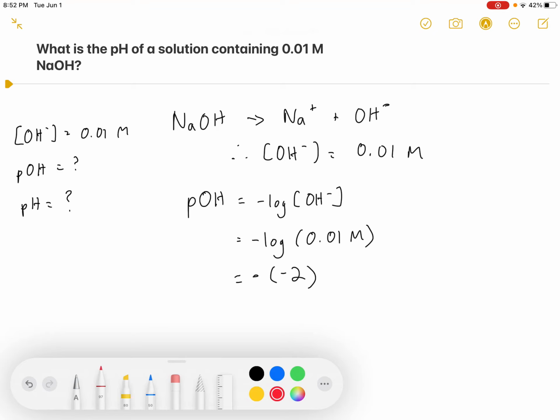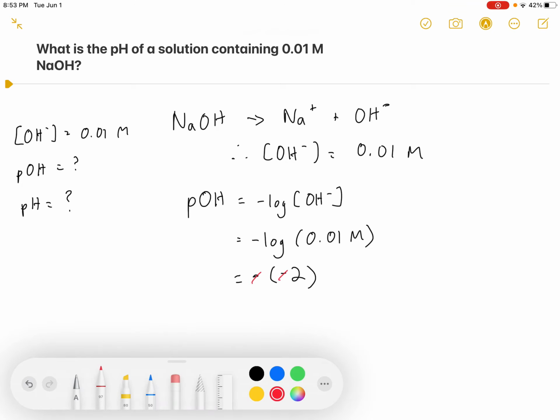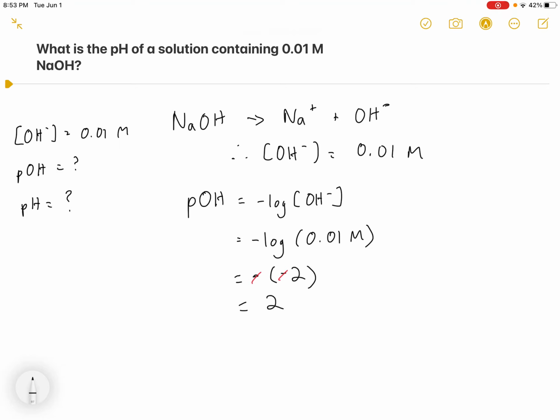And then, if you subtract a negative integer, you're going to get a positive integer. So that means the pOH is 2. All right, so the pOH of this solution is 2.